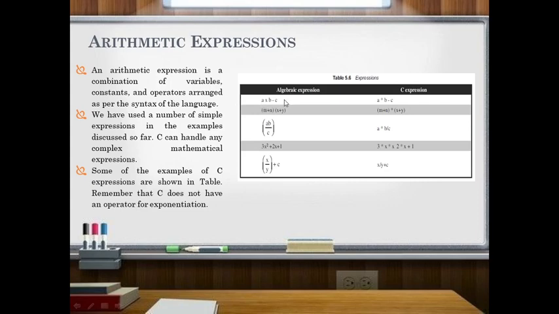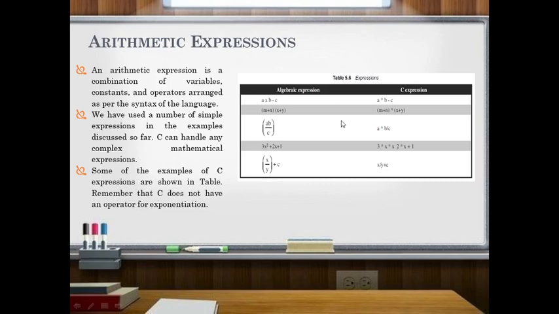For example, a into b minus c will be written as a star symbol b minus c, m plus n into x plus y. You can write it normally like this and it will be understood that multiplication is there in between. But in C programming, you must write a star.